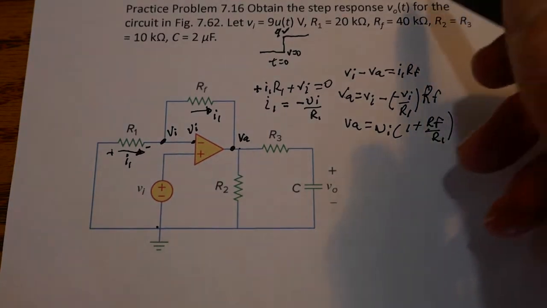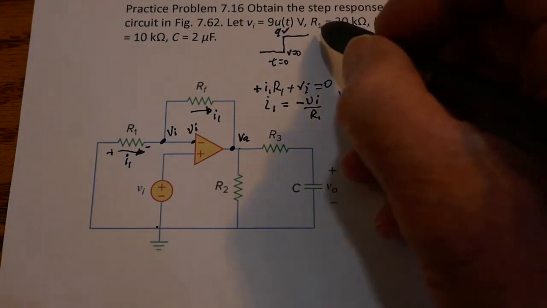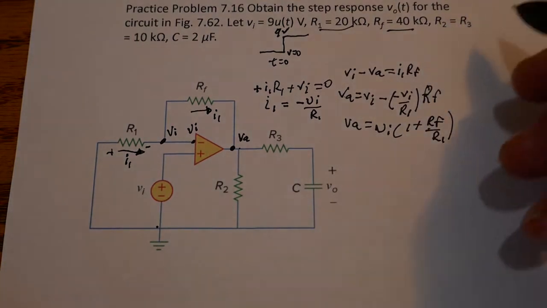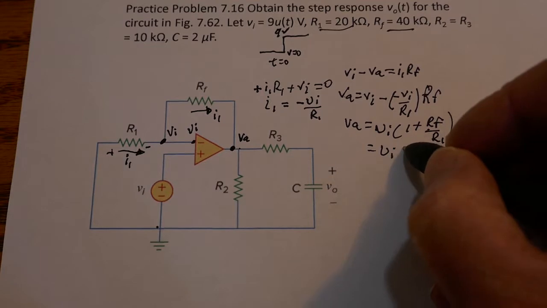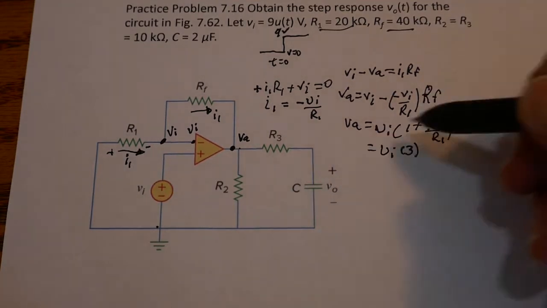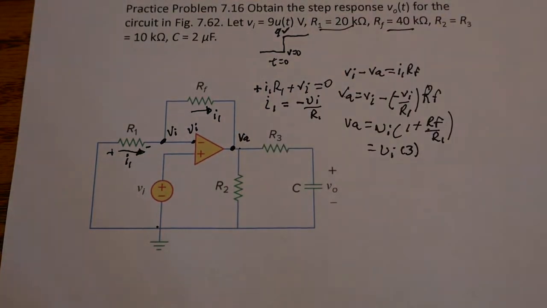Now, as we note, RF is 40K, R1 is 20K, so the ratio is 2, so it's just VI times 3. That's what VA is. So we've now found VA. It's a known quantity. Now we just have to set up our differential equations.